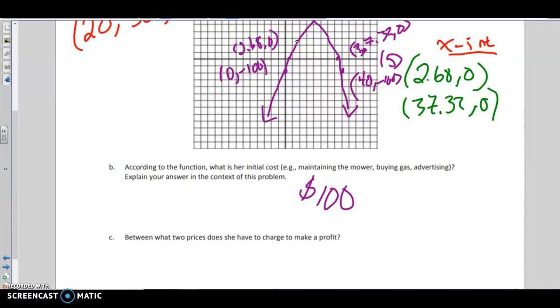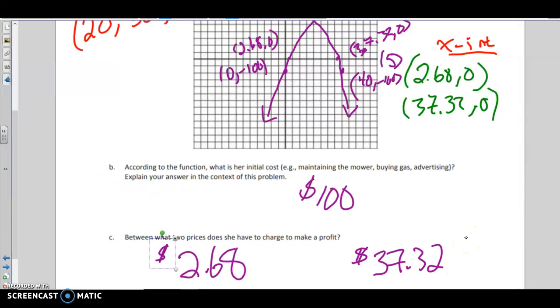So the first price where she breaks even is when she charges $2.68 per mowing a lawn. And when she charges $37.32. So those are the prices in which she is making a profit.